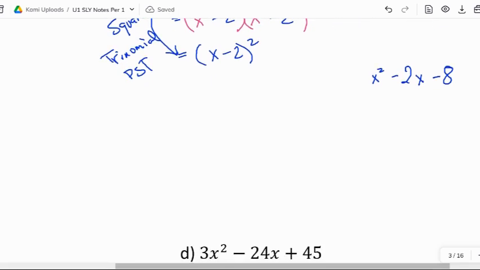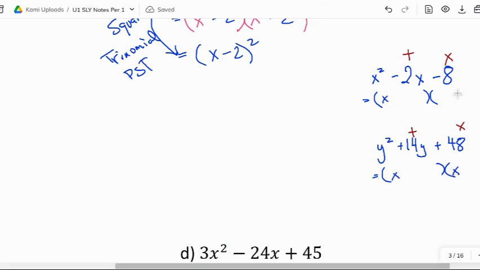I want you to factor this simple trinomial, and we're trying without a calculator, right? And then I'm just looking for those two numbers.